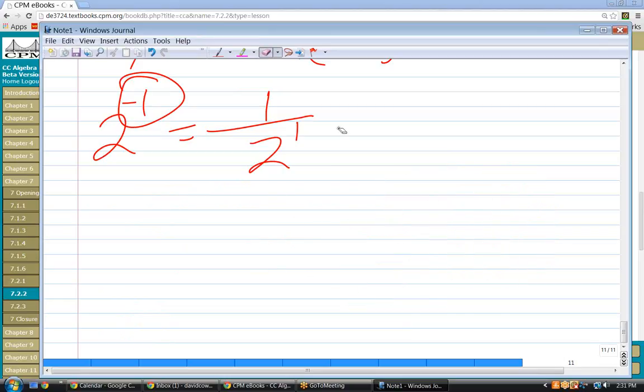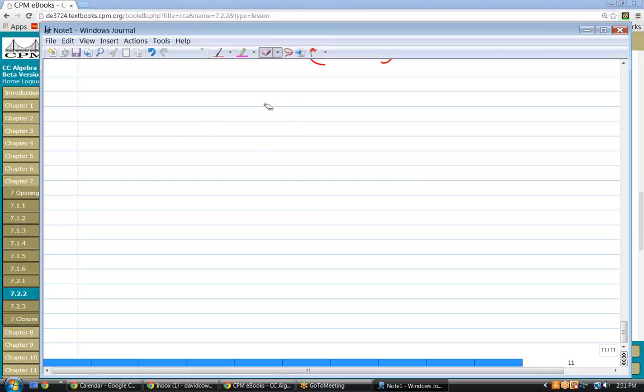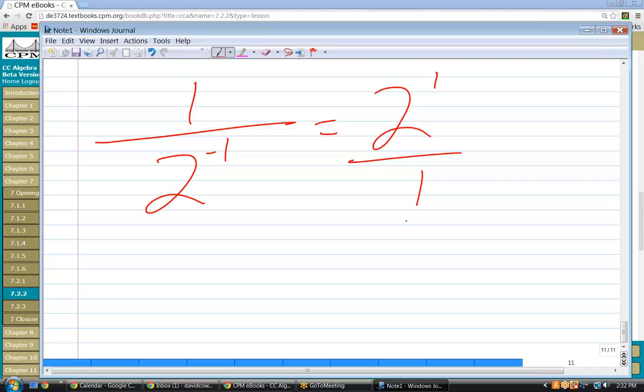So now the question becomes, if a negative exponent merely means reciprocal, what does that mean? 2 over 1 to the first. Perfect. That's 2 to the 1 over 1, which is 2. In other words, we can take a negative exponent, and merely by moving the number to the other side of the fraction line and changing the sign on the exponent, that's what we want to do.